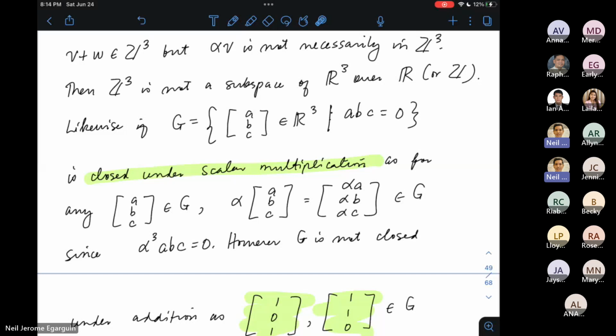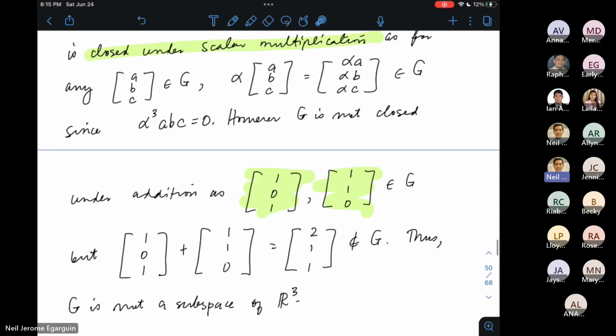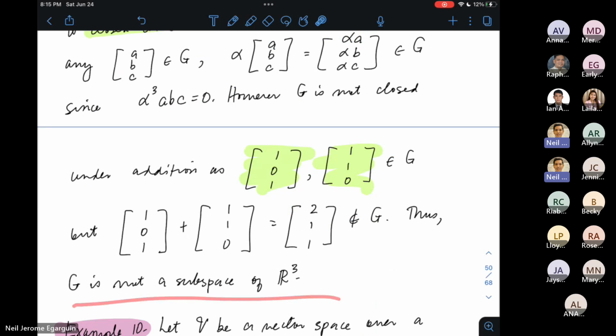So without checking associativity, commutativity, additive inverse, additive identity, identity under scalar multiplication, distributive laws, and all, masasabi na kagad natin na si G ay hindi subspace ni R3. Kasi si G ay hindi closed under vector addition.